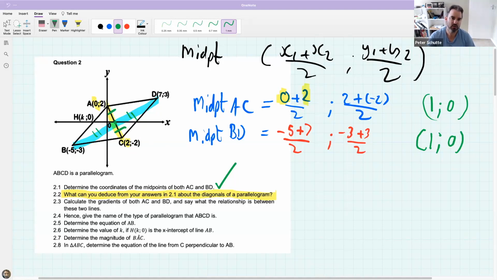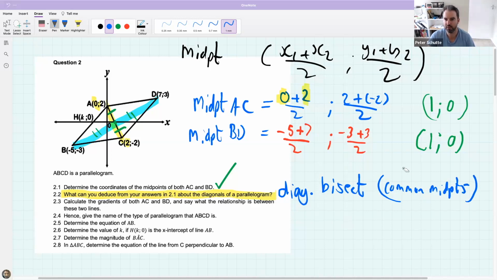The technical term we use is we say the diagonals bisect each other. So what we'll say here as our answer, let me use shorthand, is the diagonals bisect, and the reason is you have common midpoints.